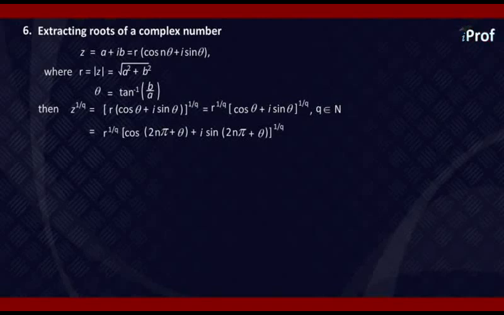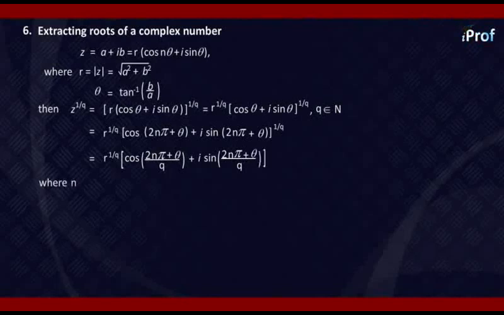Using De Moivre's theorem, we get r^(1/q) times (cos of (2n pi + theta)/q + i sine of (2n pi + theta)/q), where n can take the values from 0 to q minus 1, which gives us exactly q roots which are different. But if you put back again n equal to q, we'll get the same roots once again. Therefore, there is no need to put more values of n.